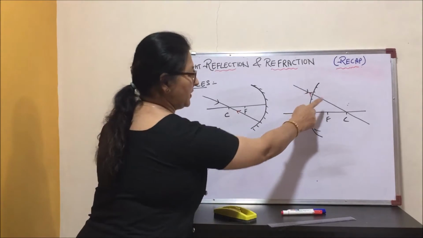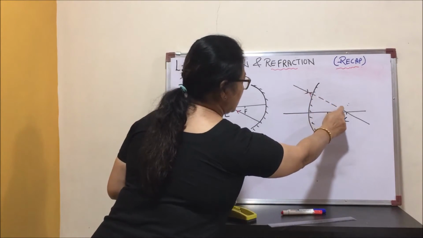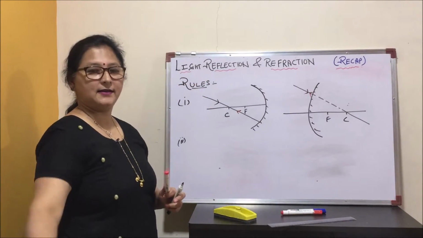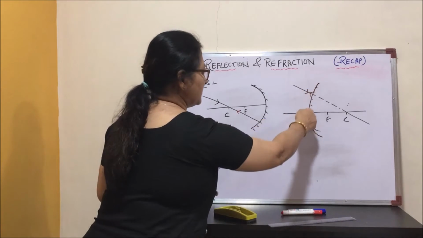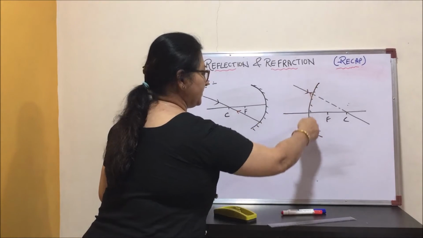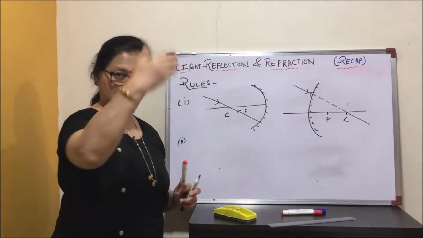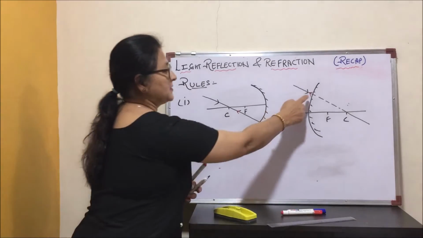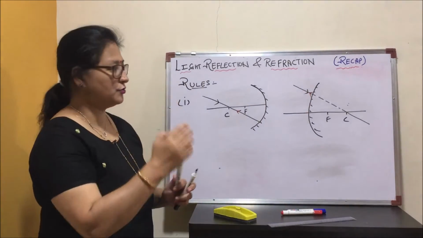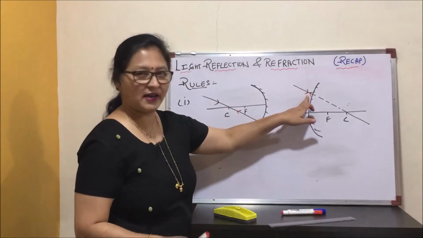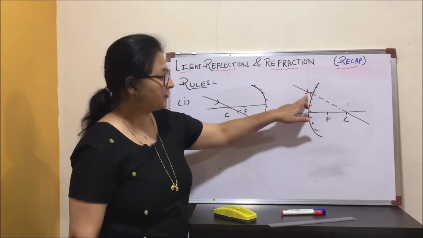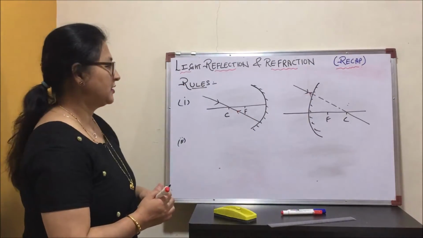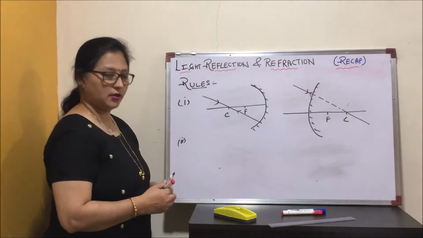It won't reflect from here. This is the reflecting part, part of the sphere, so it is going to reflect from this part. So please don't show this reflected arrow over here. You have to show it here, right? So this is the 3rd rule.